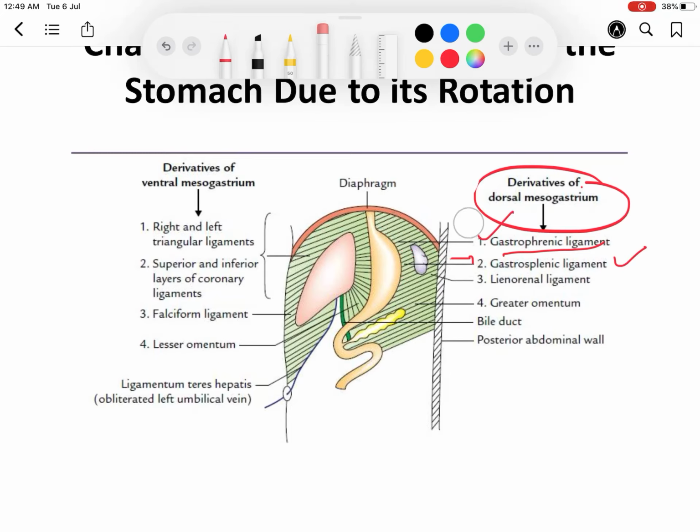The part of the dorsal mesogastrium behind the spleen is called the lienorenal ligament. The word lieno is used for the spleen, and the rest of the dorsal mesogastrium forms the greater omentum. So the dorsal mesogastrium will form the gastrophrenic ligament, gastrosplenic ligament, lienorenal ligament and greater omentum.